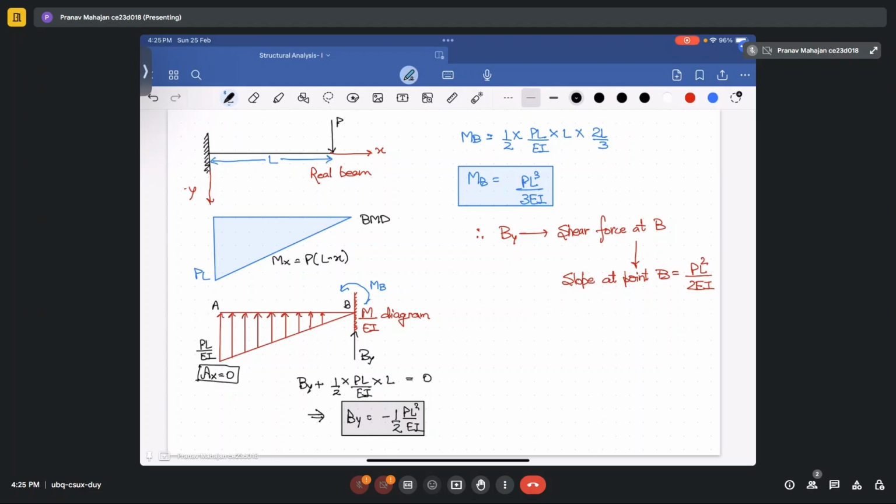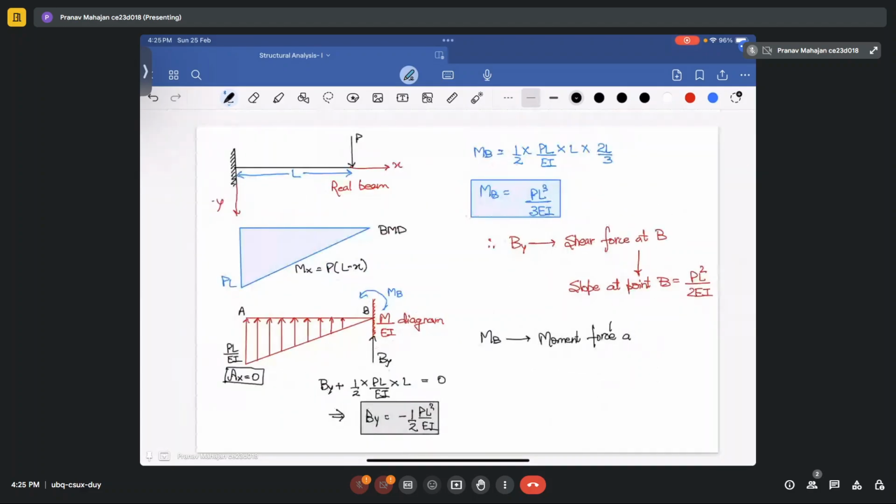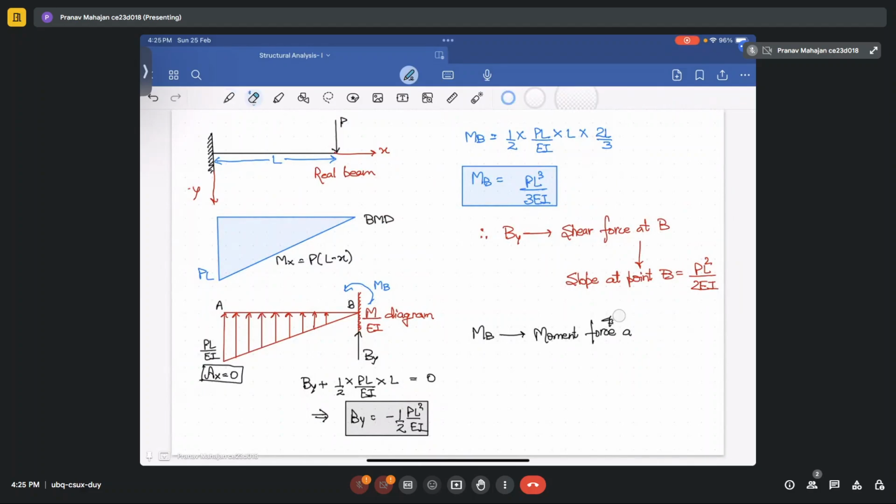Similarly, your MB corresponds to the moment of the conjugate beam at B, and it will give you the deflection at point B. So your delta B will be equal to PL cube upon 3EI.